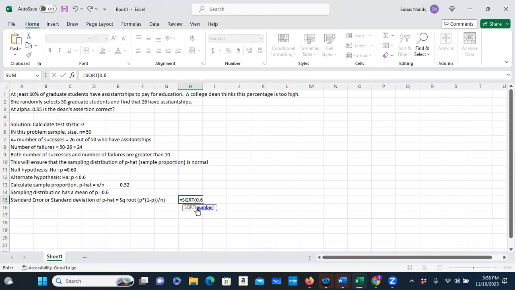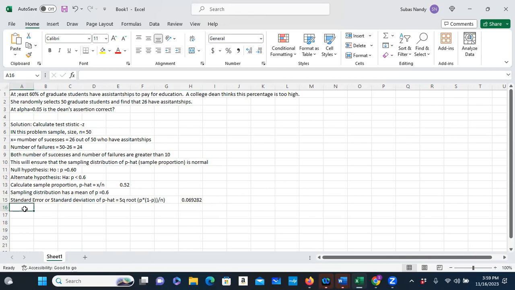Then I multiply it by 1 minus 0.6, P times 1 minus P, and the whole thing is divided by sample size, which is 50. And we close the parenthesis. And that is equal to 0.06282.